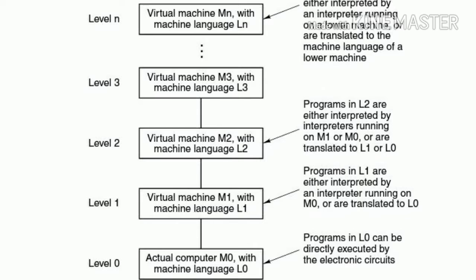In both methods, the computer carries out instructions in L1 by executing an equivalent sequence of instructions in L0. The difference is that in translation, the entire L1 program is first converted to an L0 program. The L1 program is thrown away, and then the new L0 program is loaded into the computer's memory and executed.